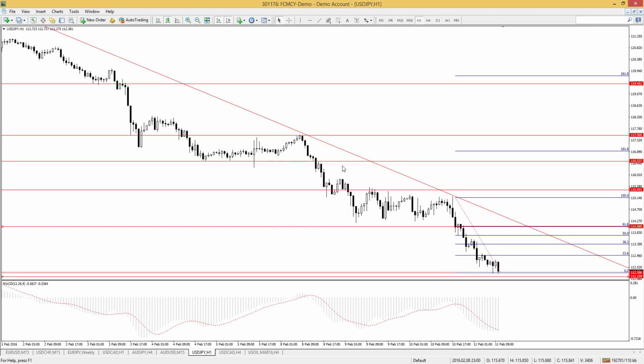I think they're going to do it, but next Friday. They generally tend to do it on Fridays. So we could see something like that, not this Friday but the following Friday, especially when the USD Japanese yen hits the 110 level. It's also a psychological support zone for us as well.